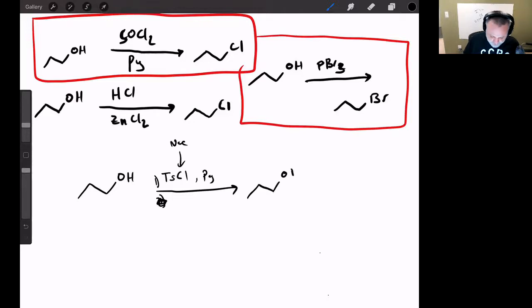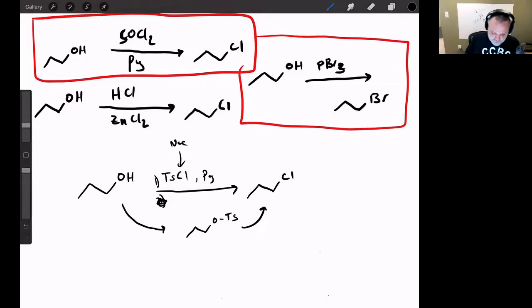Remember, the whole point of reacting it with the tosylate is that OH is a bad leaving group, and we want to turn it into a good leaving group. So the first reaction with tosyl chloride creates the tosylate ester, which is a good leaving group, in which case we can then do nucleophilic attack with the chloride.